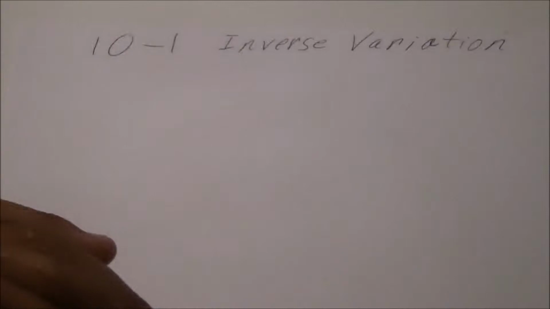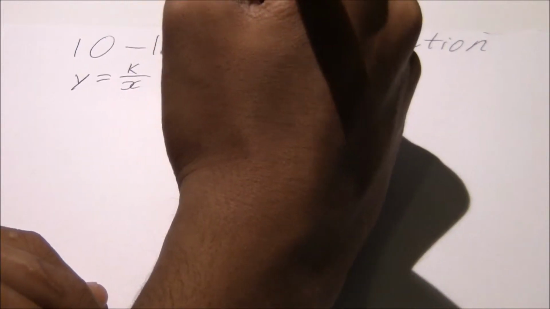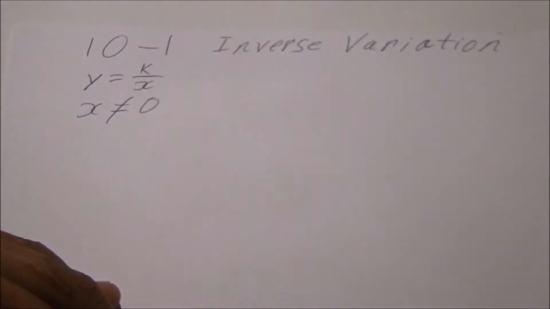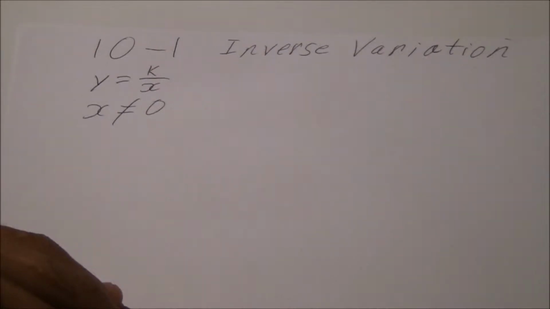So, an inverse variation is a relationship that can be written in the form y equals k over x, where k is a non-zero constant and x cannot equal 0. So k is a constant, which means it never changes.